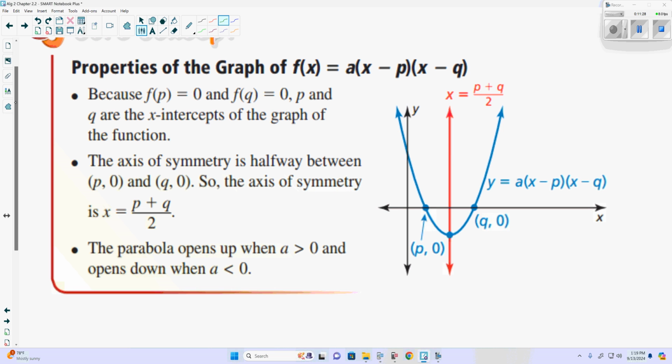Now this one here, we only have one other thing that we need, and that's the x-intercepts. And the x-intercepts are P comma 0 and Q comma 0.